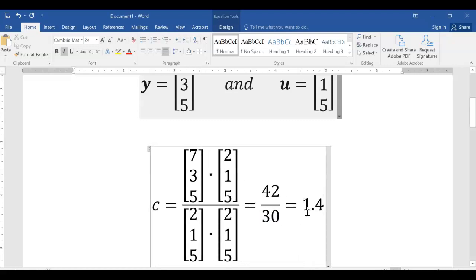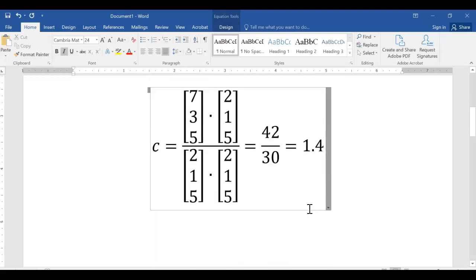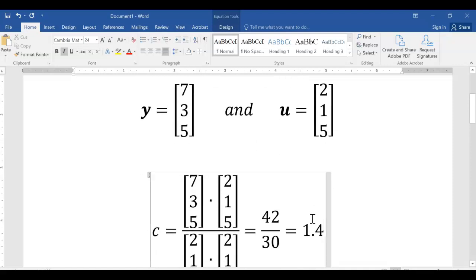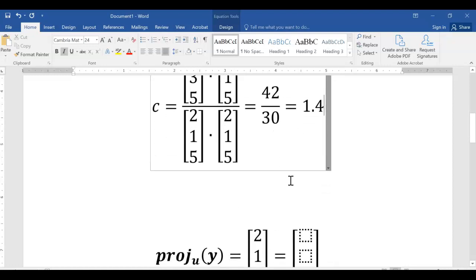Now, again, I'm using these as decimals because it's a little bit easier, and in the last few examples they ended as rounded to 1 decimal place. If this were something like 2/3, I would not round to a decimal. I'd leave it as the fraction 2/3. But because these decimals have been ending, that's why I've been using those. So all I need to do to find my projection is multiply 1.4 times my vector u.